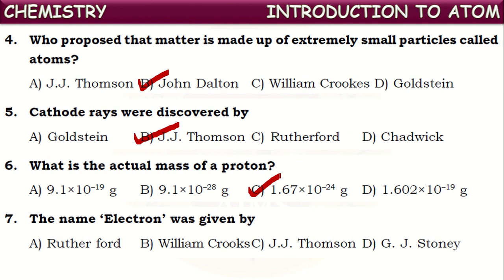That is why he called those particles cathode rays. These cathode rays were named later as electrons by the scientist G.J. Stoney. Okay, these electrons were discovered by J.J. Thomson, but they were named as electron by G.J. Stoney. Okay, next one.